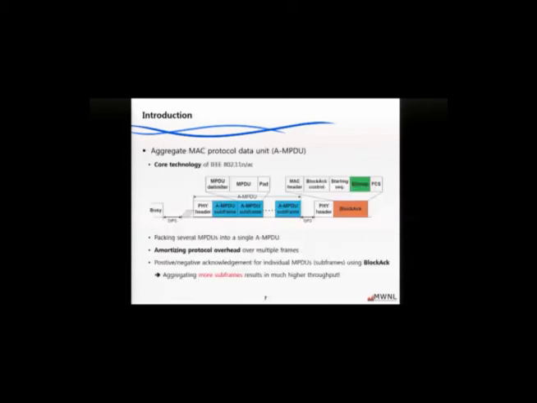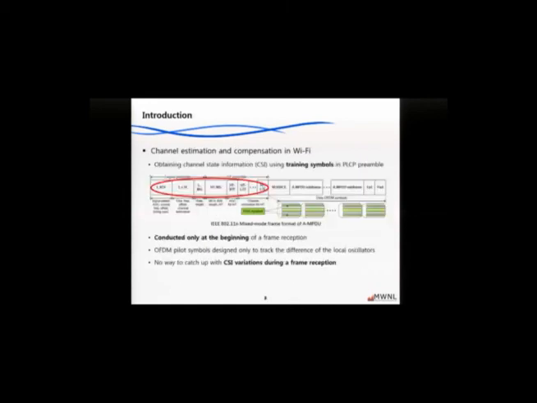Because of the overhead, the throughput was really low, but with A-MPDU, depending on the situation, meaning the frame size and traffic load and so on, the throughput can be around 80 to 90% of the transmission rate.